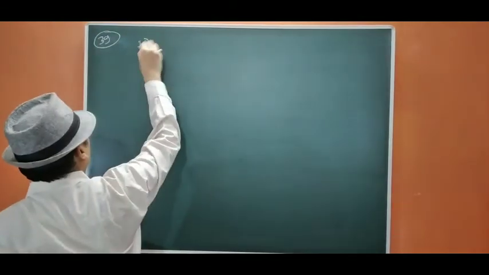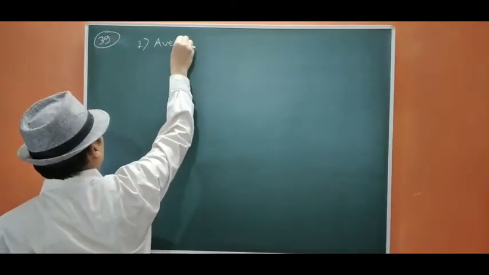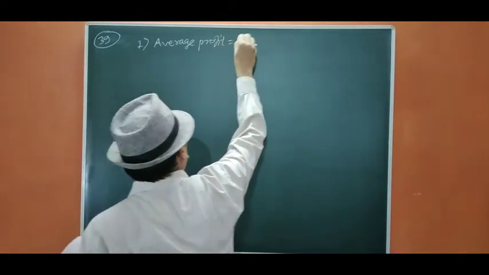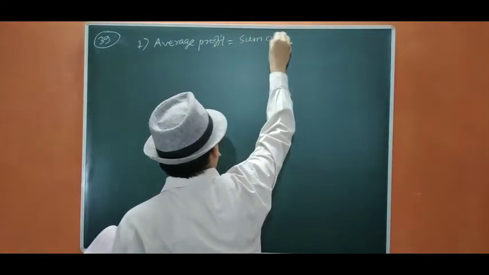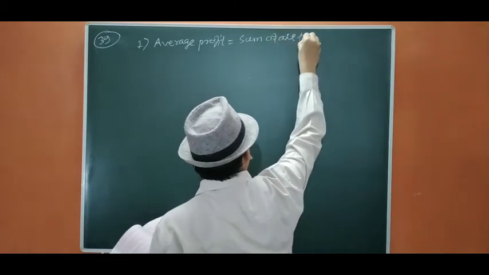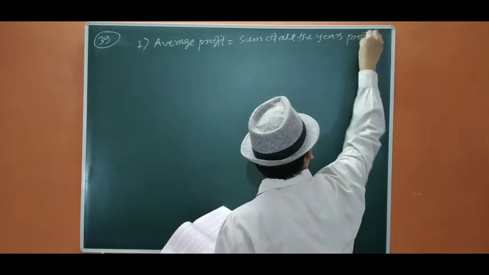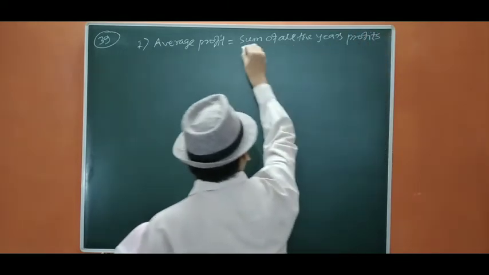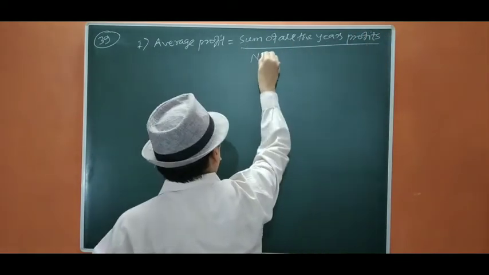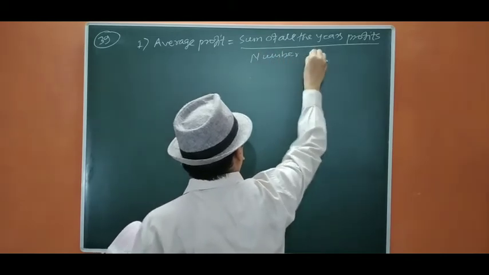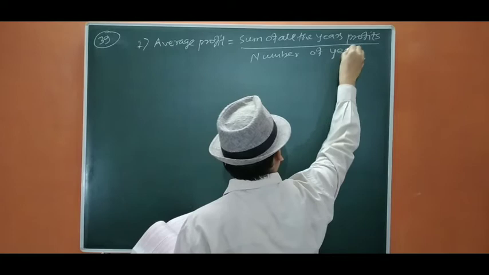So first, average profit we have to calculate. So average profit equals sum of all the years' profits upon number of years.